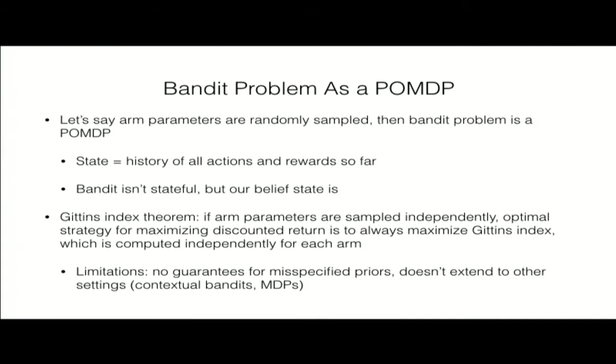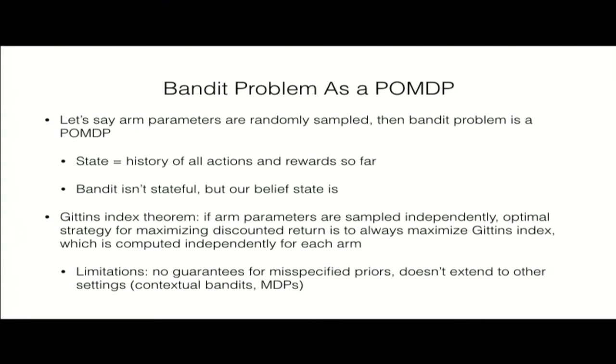There's this surprising result that if you consider the discounted problem, and I think there's also an analogous result for the undiscounted finite horizon case, called the Gittins index theorem. Actually, let me go back a step. Does everyone understand why this is a POMDP? Okay, so now that we know it's a POMDP, we could theoretically solve it using dynamic programming.